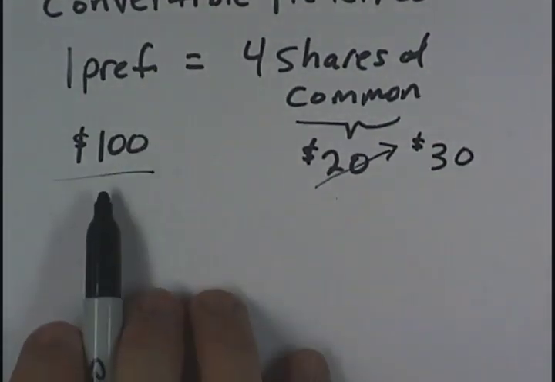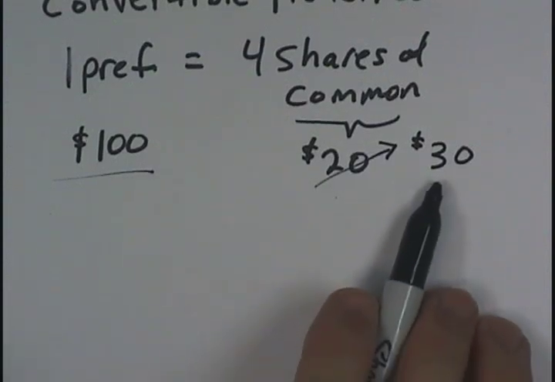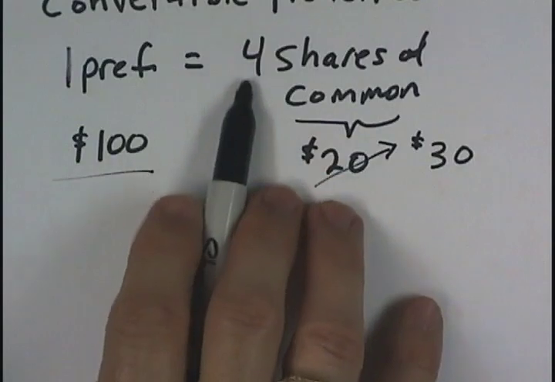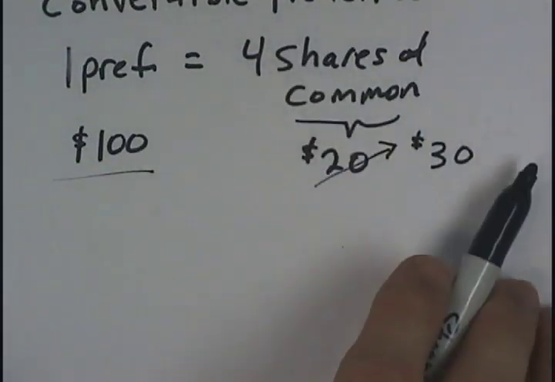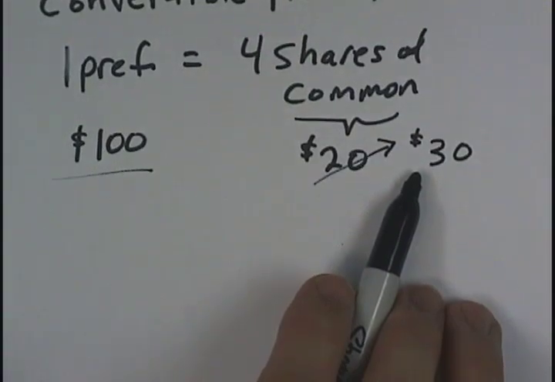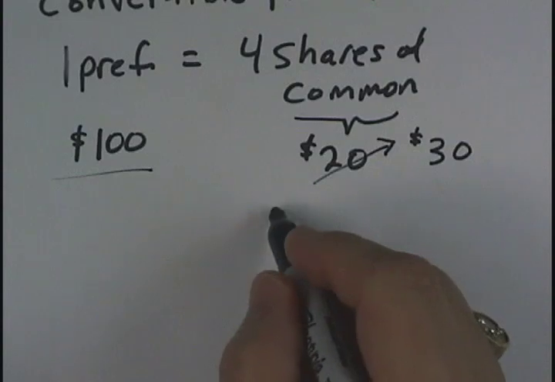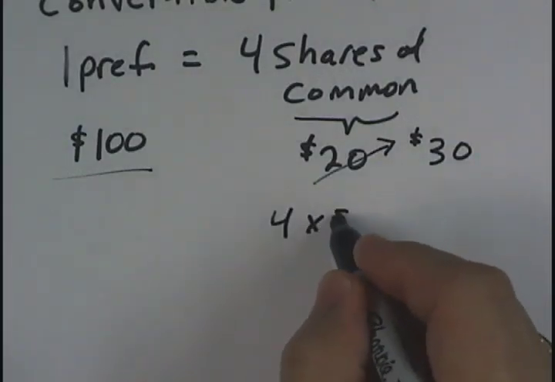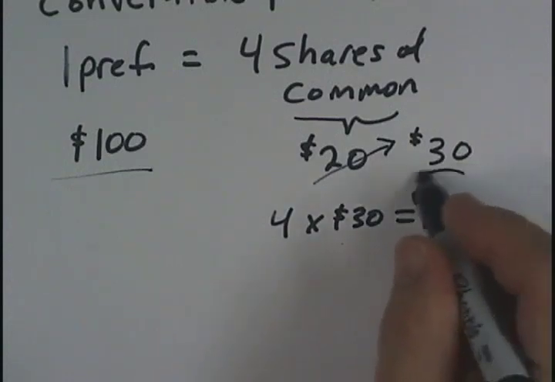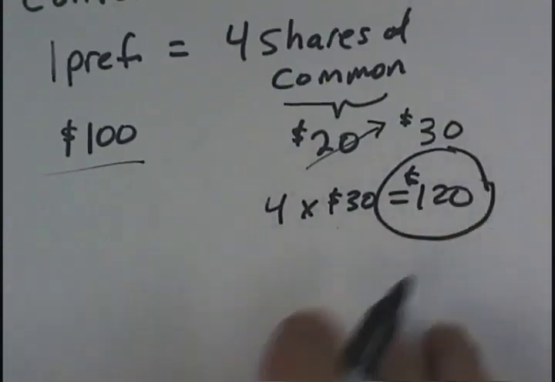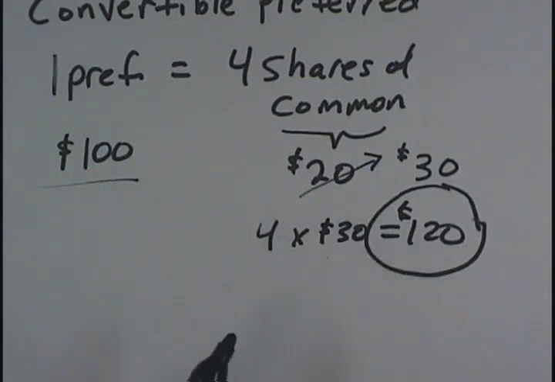In that case, your preferred stock is 100, the common stock is worth 30, you can convert your preferred into 4 shares of common, which is worth $120. Well, then you would want to convert it. You would trade the $100 share of preferred for the $120 worth of common stock. So in that case, you would prefer to convert your preferred share into the 4 shares of common stock.